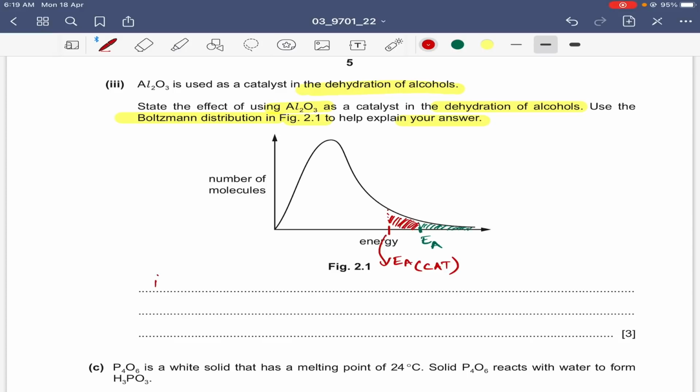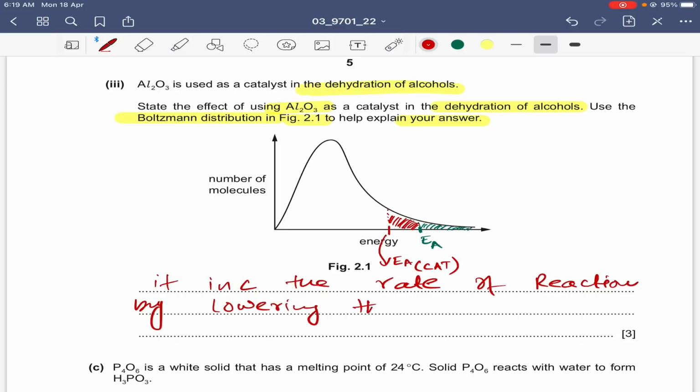It increases the rate of reaction by lowering the activation energy so that more particles can take part in the reaction.